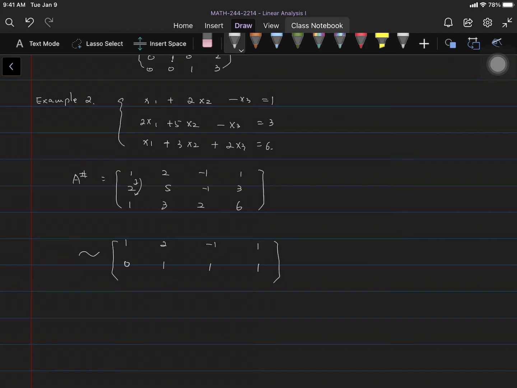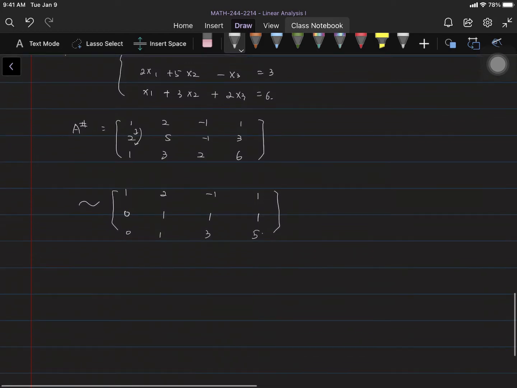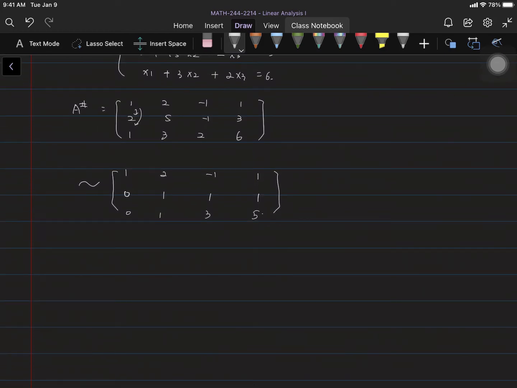And the last row times -1. Reduced row echelon form means those two should be 0, so we use the leading one in row 2 to make them 0.